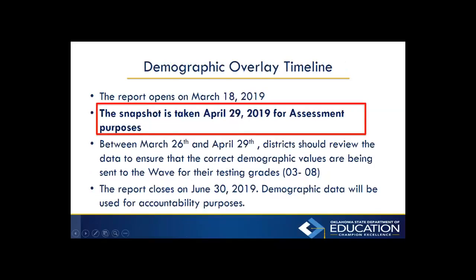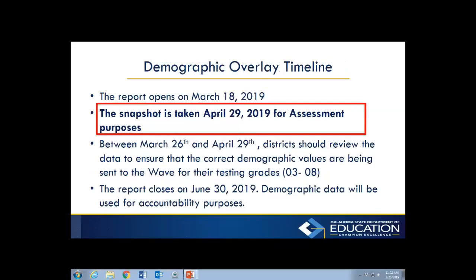So the demographic overlay timeline is something we really want to pay close attention to. It did open March 18th, but we've given plenty of time for you to review the report. We're going to take the final snapshot of the report on April 29th.